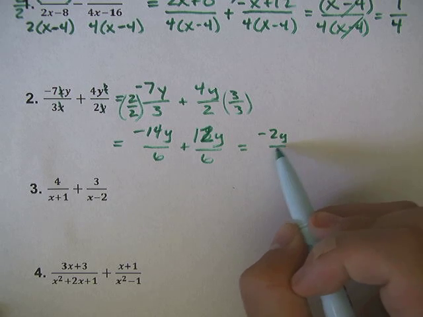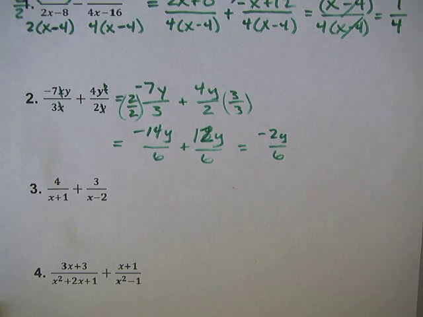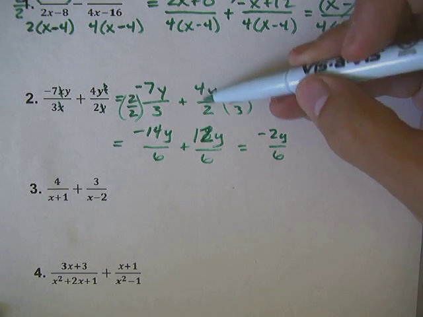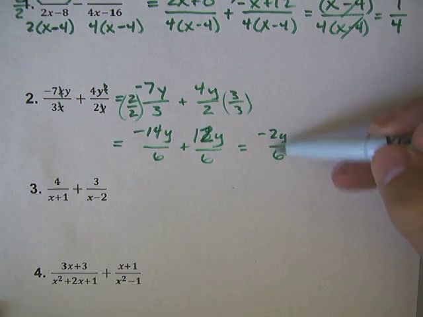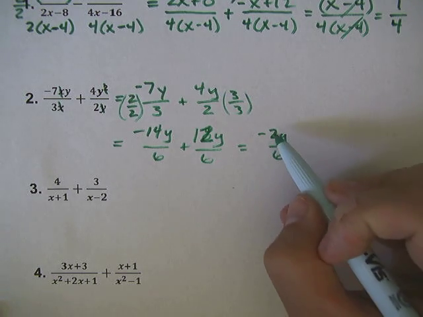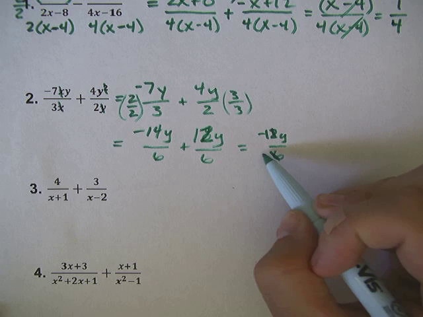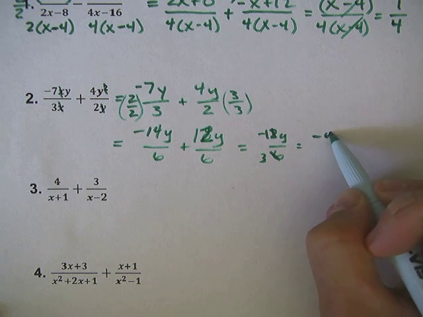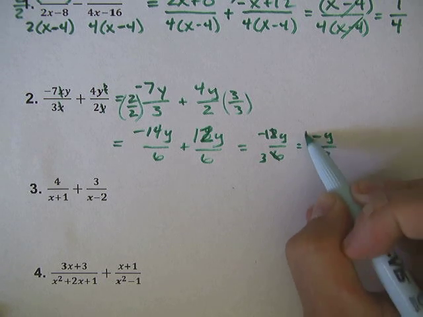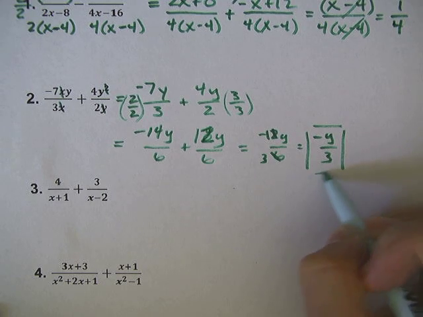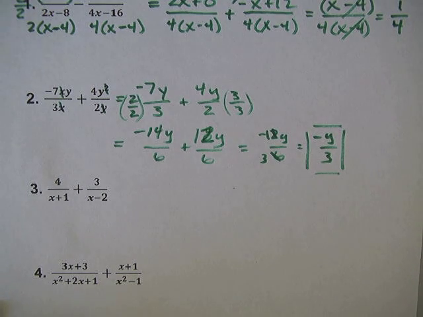Same denominators, so I can combine. Looks like those are like terms. I can get negative 2y over 6. And I can reduce a little bit more. Since I didn't reduce up here, I'm going to catch up here by reducing here. 2 goes into this once, into that 3 times, and I'm left with negative y over 3, just like that.